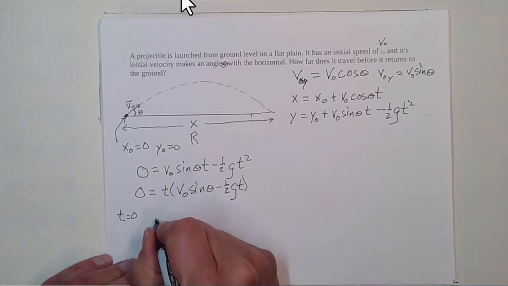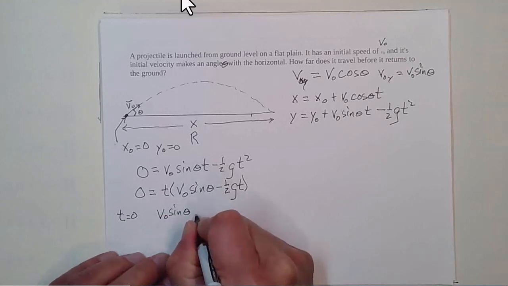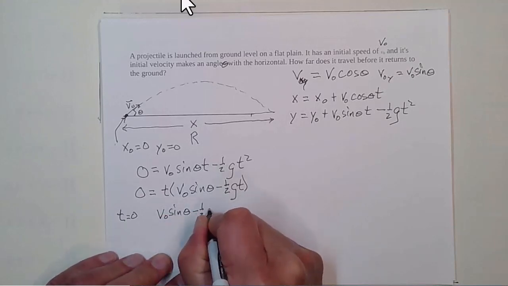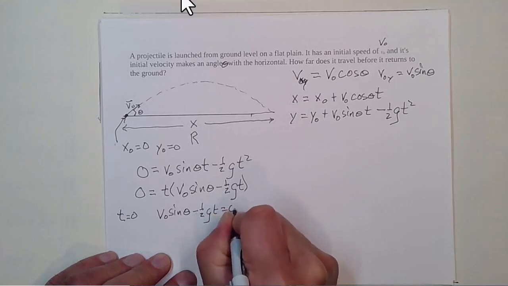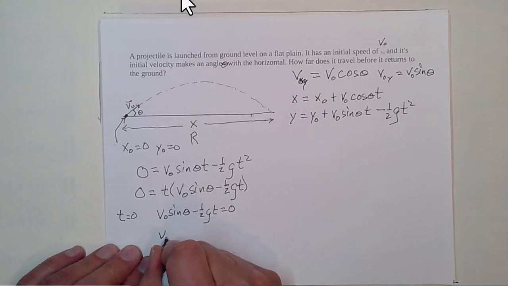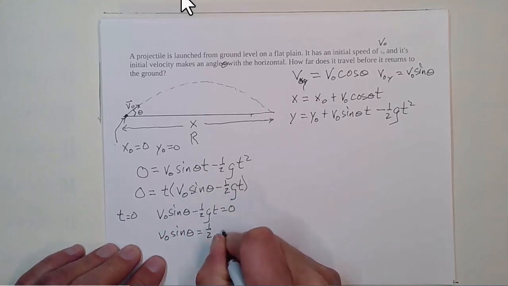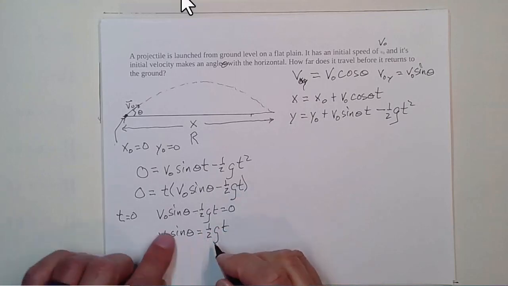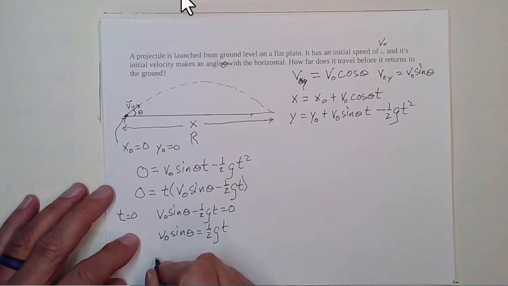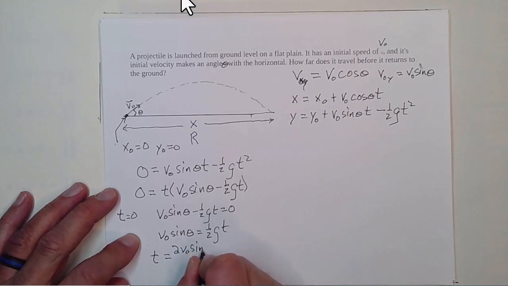The other one will give us v naught sine theta minus 1/2 g t is equal to 0. We can kick that 1/2 g t across. v naught sine theta equals 1/2 g t. Multiply both sides by 2 and divide by g, and we'll get the time of flight will equal 2 v naught sine theta divided by g.